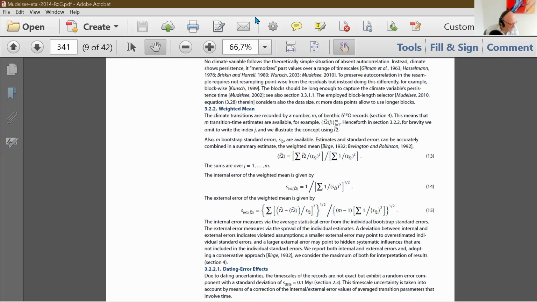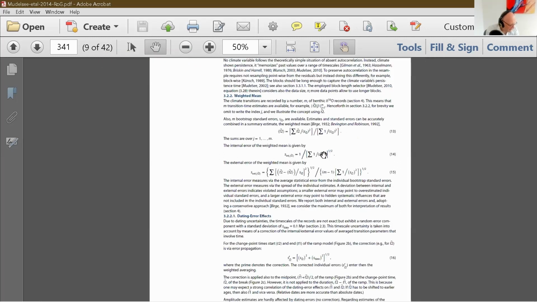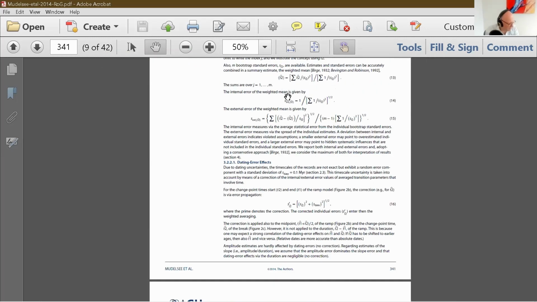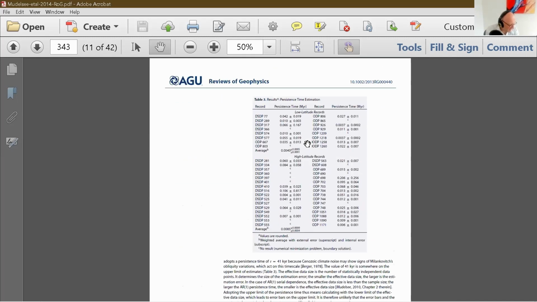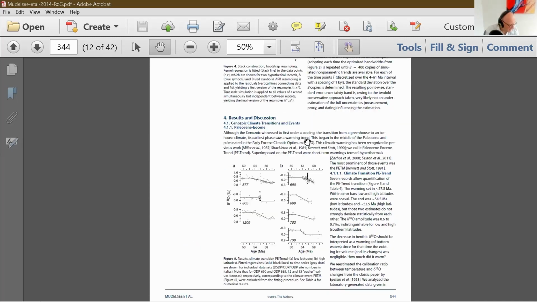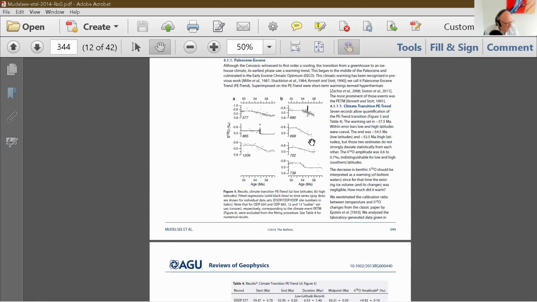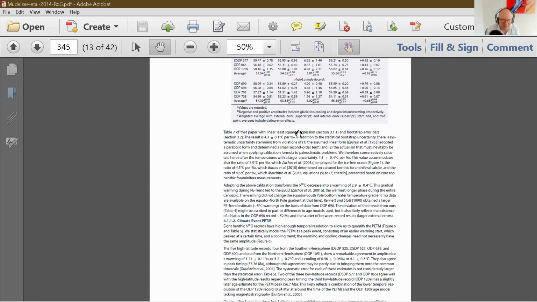And let me see whether there is more. You see then weighting and such things, and then in the end, the paper is full of figures and tables for the different climate transitions. So these numbers here are the data numbers, ocean drilling program sites and so, and then we have the tables.